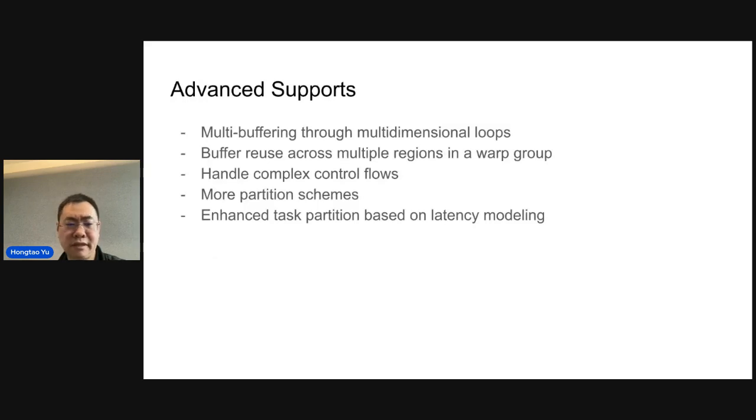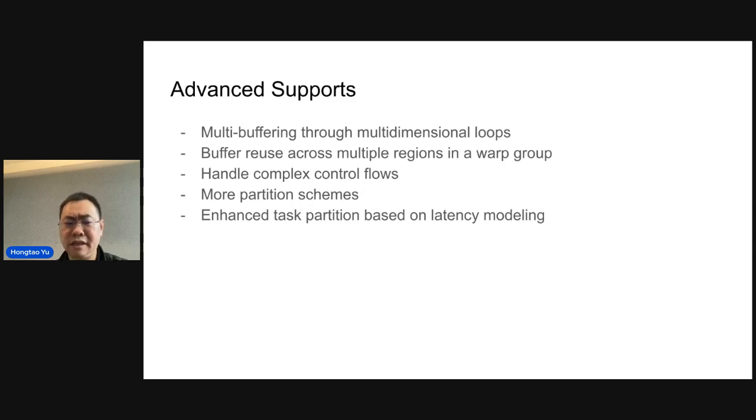So we are still working on some advanced support, like multi-buffering through multi-dimensional loops, and buffer sharing across regions in one group. And we are seeing very complex control flows with our customers. You have conditional statements in the loop, and figuring out the update of the barrier and buffer indexes is not trivial. Also, the cooperative partitioning is very classic.